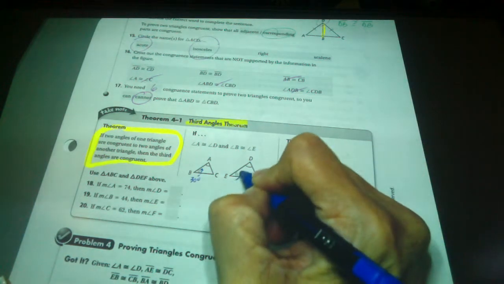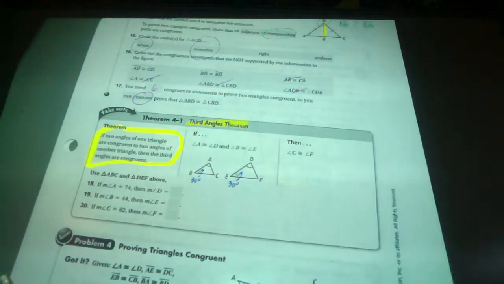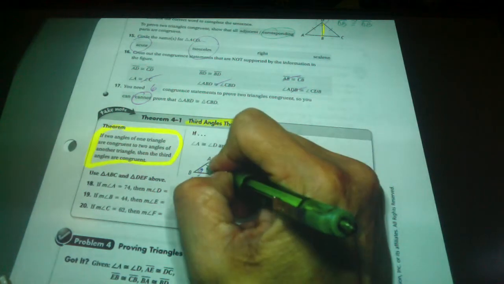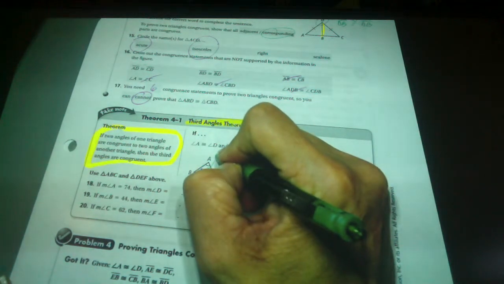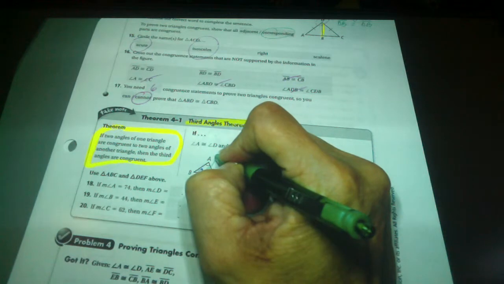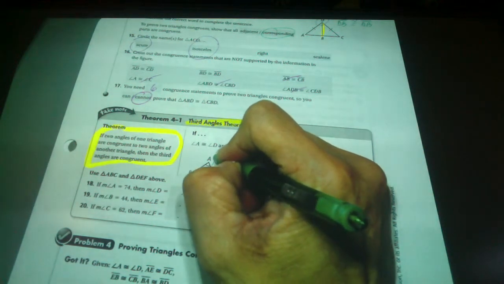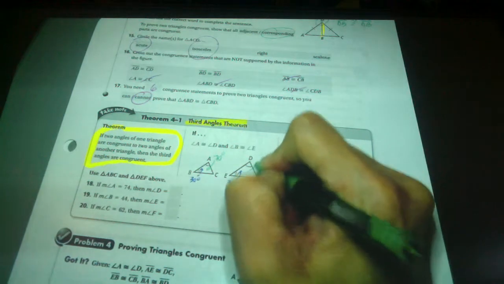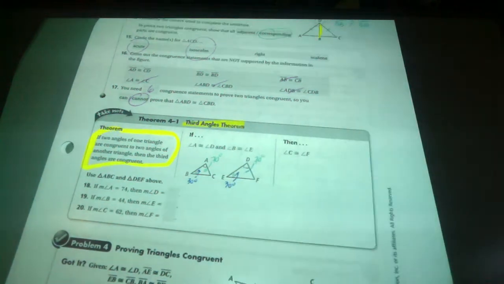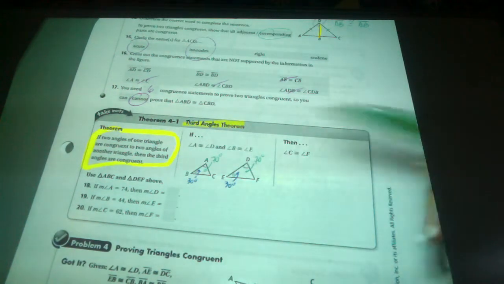Wouldn't that mean that E is 30 degrees? Right? And let's just say that A is 50 degrees. Not that I want that. How about 70? We'll go with 70 degrees. That means that D would have to be 70 degrees. What do you know about angle C?